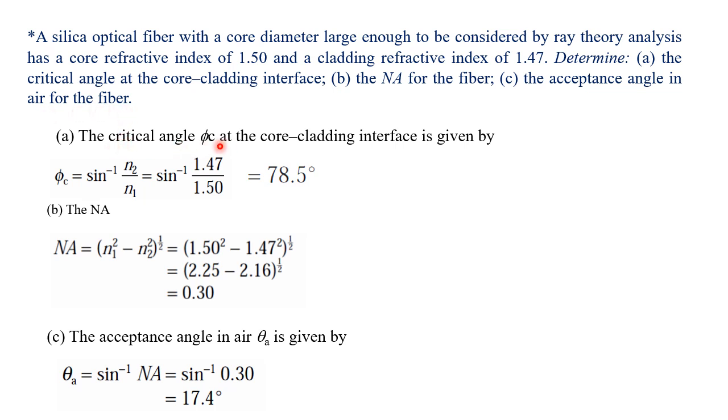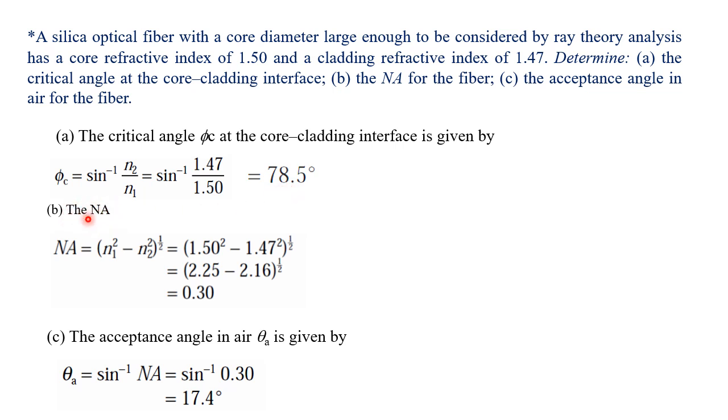The critical angle phi c at the core cladding interface: phi c equal to sine inverse of n2 by n1. n2 is given 1.47, n1 is 1.5, so it becomes 78.5 degree. So this is the critical angle.